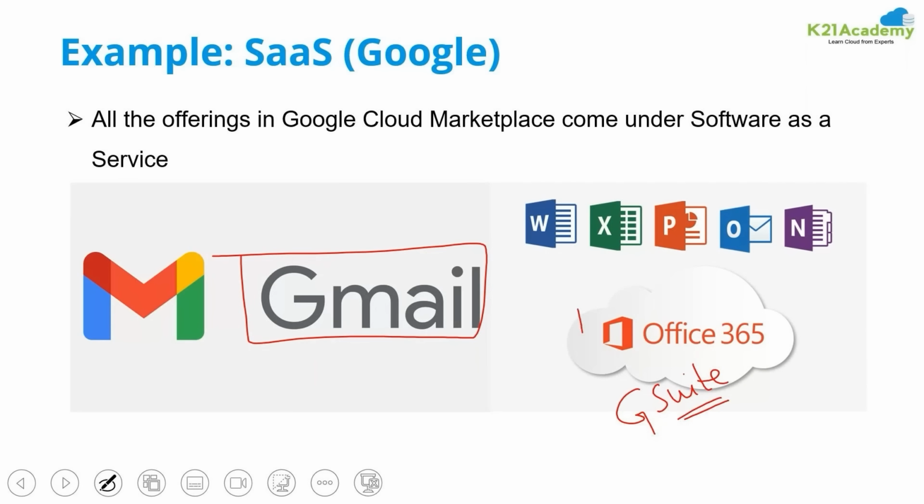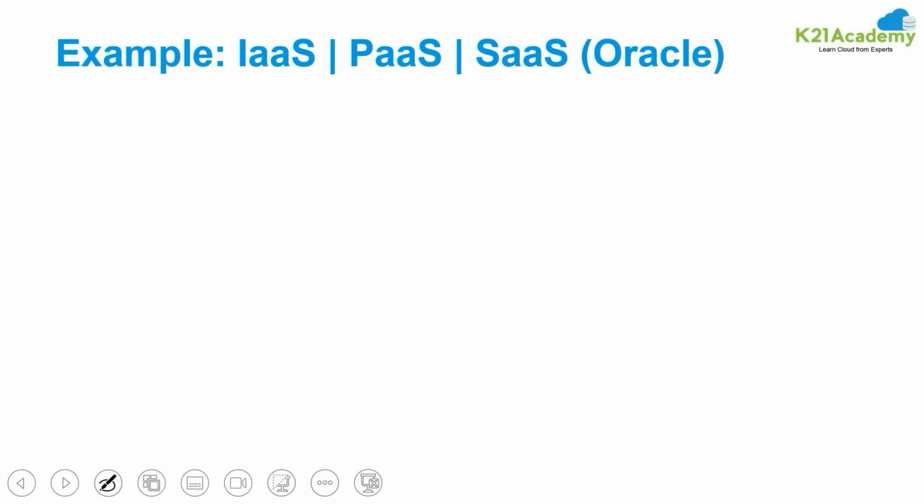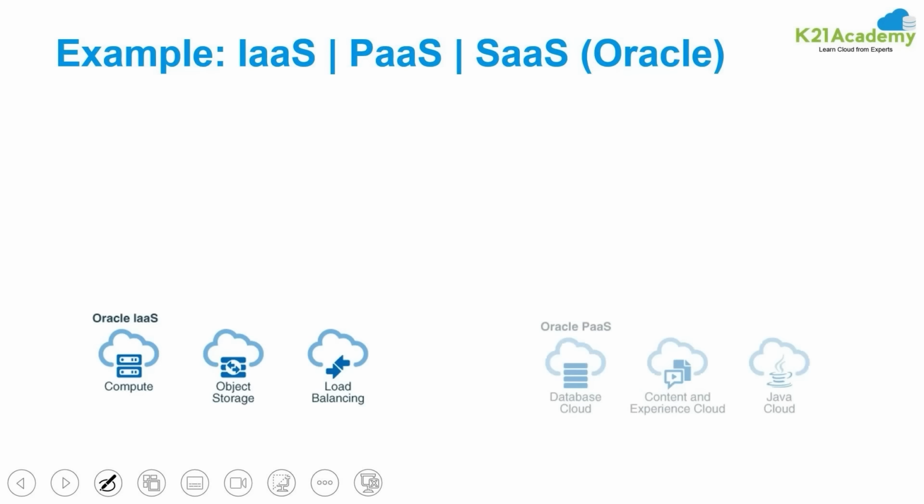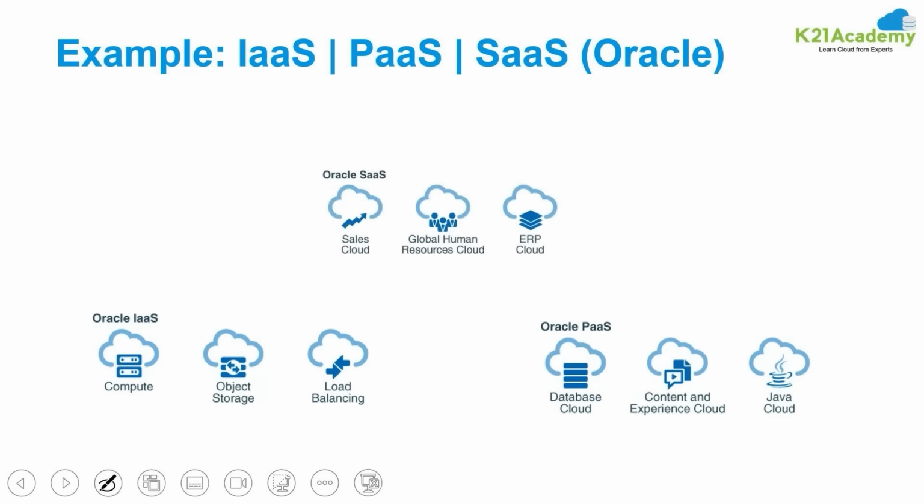Office 365 is Microsoft's offering, and G Suite is the offering of Google. Like this, Oracle also gives you infrastructure as a service, platform as a service, and software as a service. Oracle gives you compute, storage, and load balancers as infrastructure as a service.